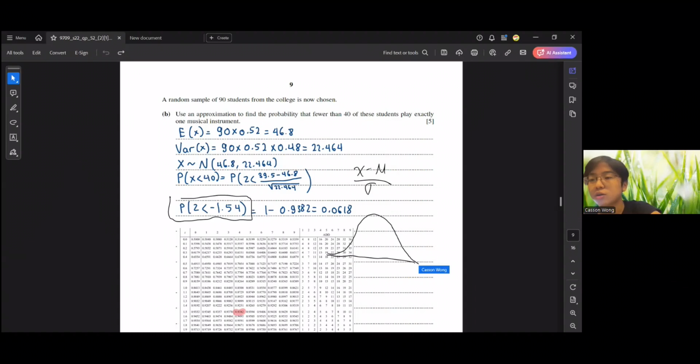If we draw it, it is like this. So we need to find this area. So it is 1 minus 0.9382, and the answer is 0.0618.